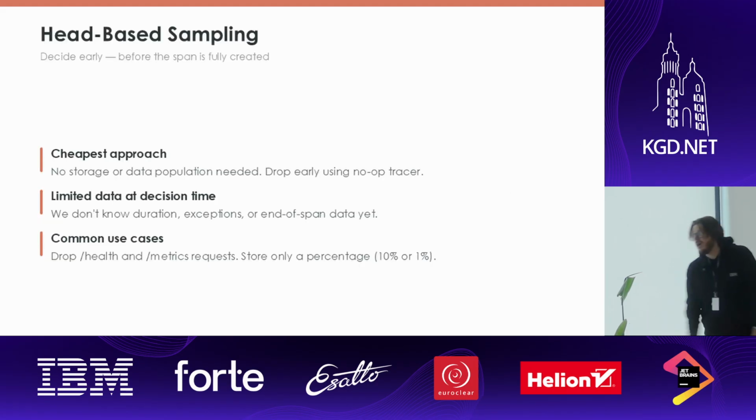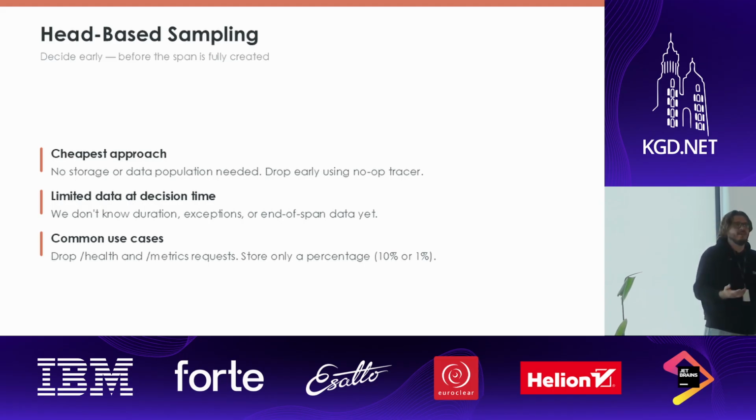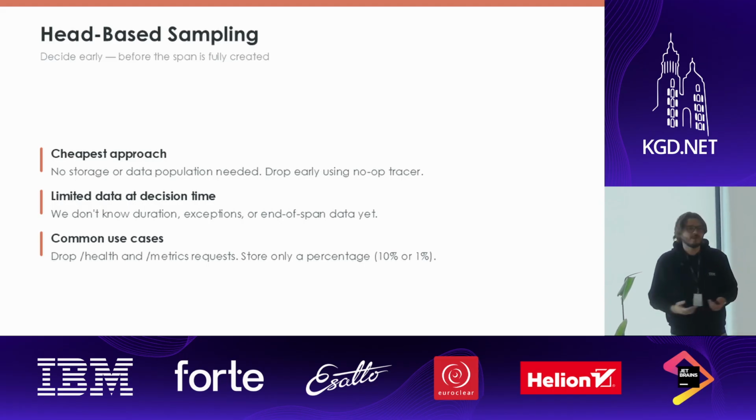Head-based sampling is the cheapest approach, but the main issue with this approach is that you are not able to filter your spans by some data, for example by the tags inside, or by errors, etc. It's not possible because you have just created the span and you need to decide if we need to drop it or not.